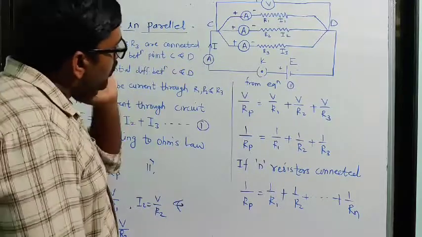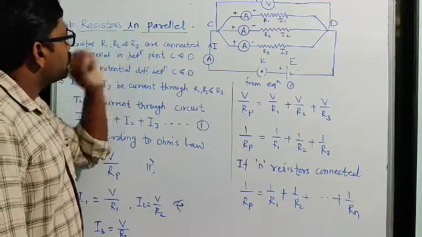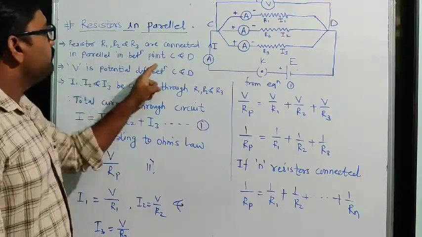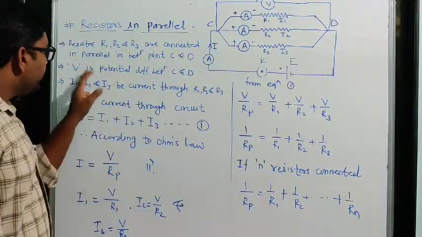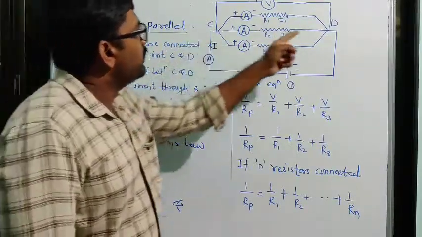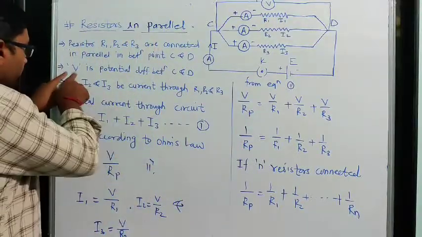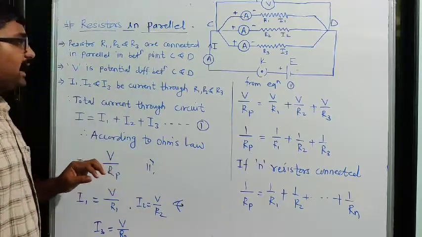Resistors R1, R2 and R3 are connected in parallel between points C and D. V is the potential difference between points C and D.